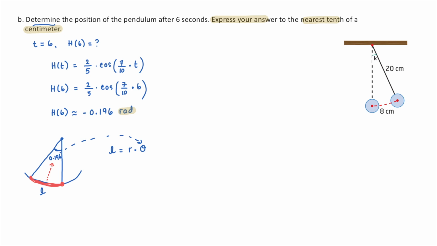The radius doesn't change, it's the length of the pendulum. If you remember, 20. So we're going to have 20 times 0.196. And if we multiply that, we're going to have approximately 3.9 centimeters. And this is exactly what they asked for.